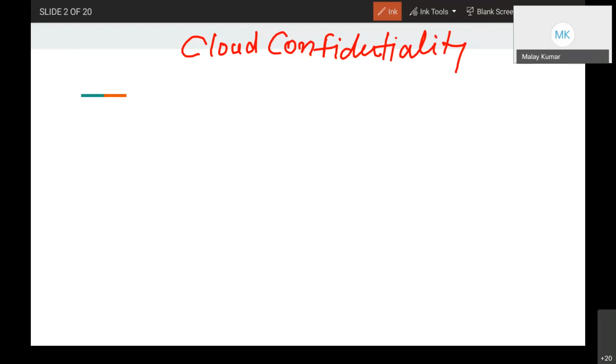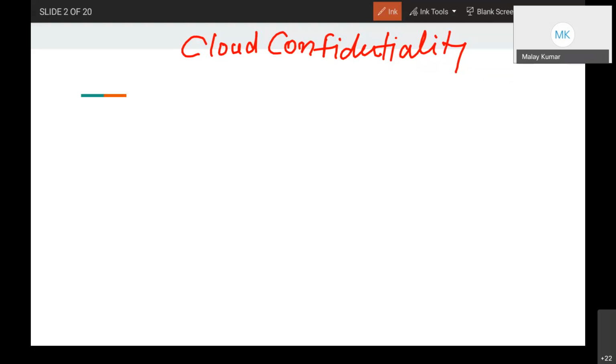The vulnerability mainly arises because the same hardware is shared between multiple clients. Means the reason for the confidentiality issue is multi-tenancy. Due to multi-tenancy, the vulnerability that arises is VM co-residency, meaning multiple clients are using the same hardware resources. That is why this vulnerability arises.